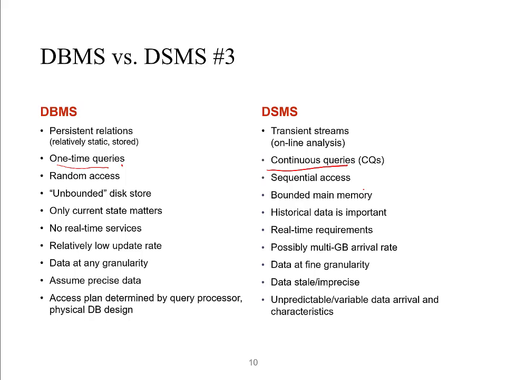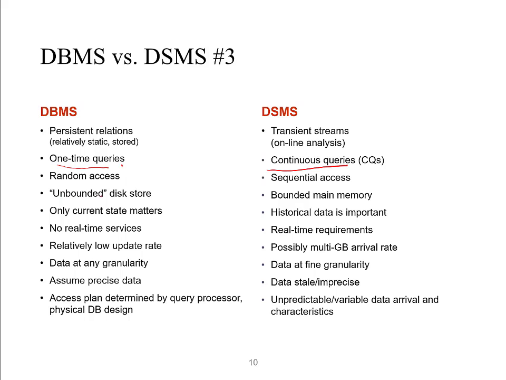In DBMS, the main memory has data exchange with the disk, but for DSMS, the data comes as a data stream, so you only have sequential access. Say at time X, you visit data I, and at time X plus 1, you can read data I plus 1. You can't do it in reverse or randomly access previous data.